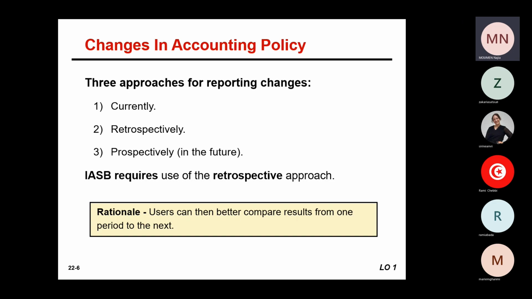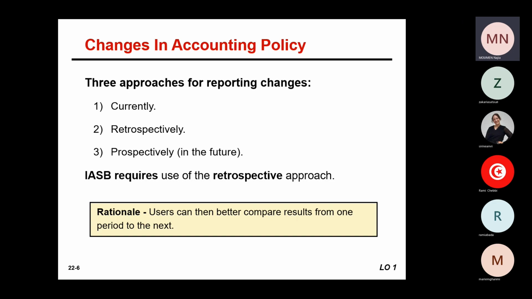Or the prospective approach, meaning you just apply these accounting changes in the current period, but also in the future, as long as you continue holding or accounting for this kind of asset or revenue or whatever, okay?